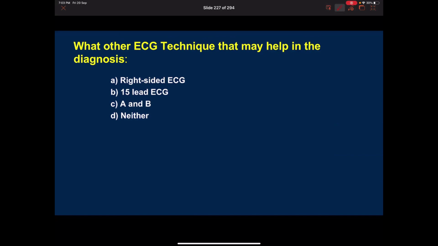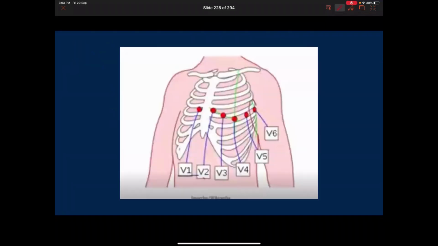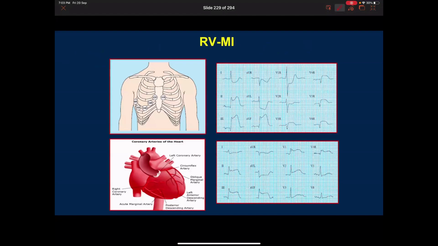Okay, so in the inferior MI, we are concerned that the right side of the heart might be involved because we have the RCA involved. So that's why we also do the right side. These are the normal electrodes, usually on the left side of the heart. What we do for the patient is we also do it for the right side and then we look. You see how we have STEMIs everywhere?